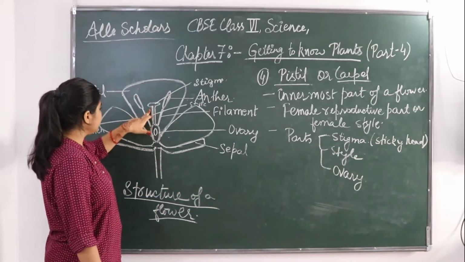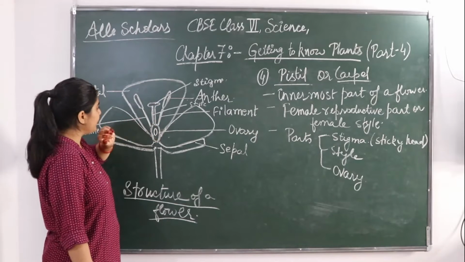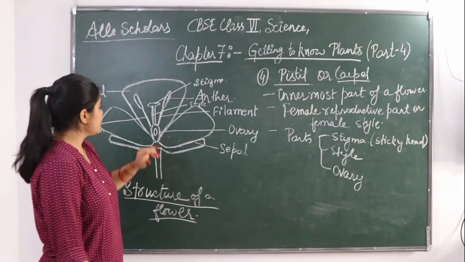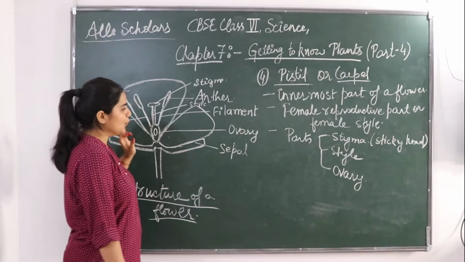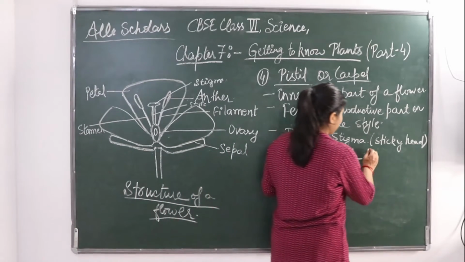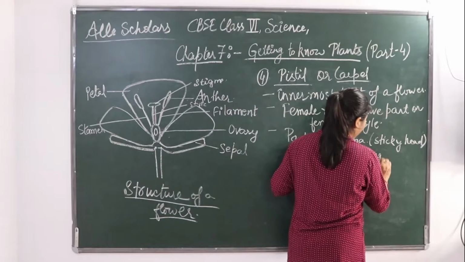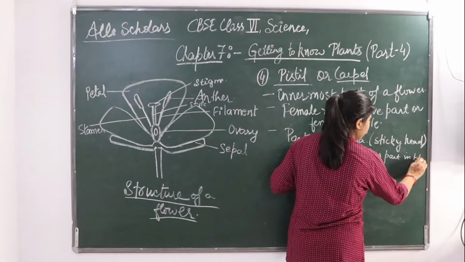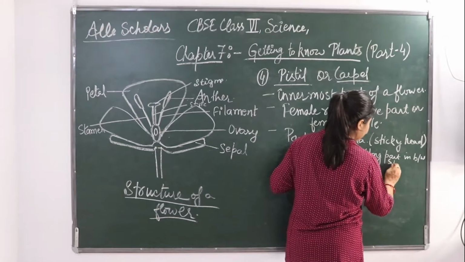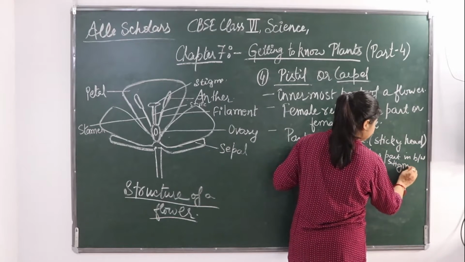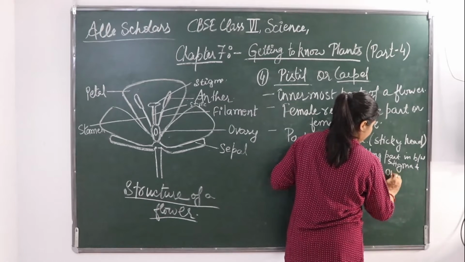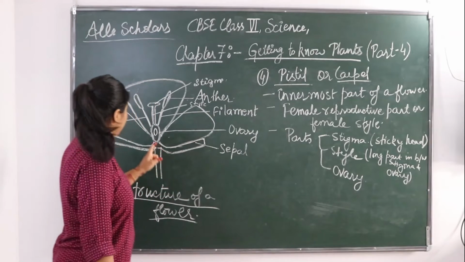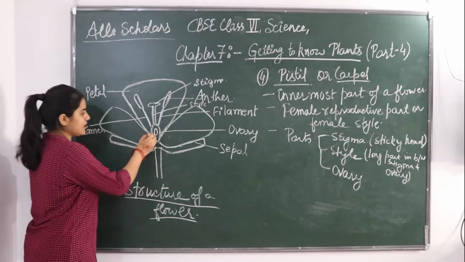Next comes the style. It is a long part. Okay, it is a long part attached to the stigma and ovary, in between the stigma and ovary. Then the third one is the ovary. You can see here the ovary is small.